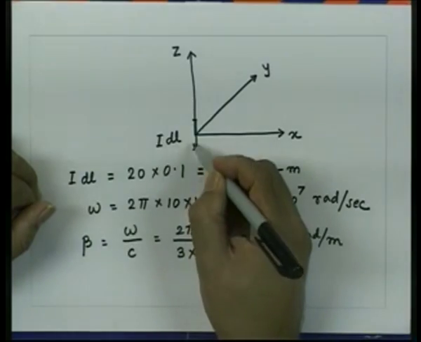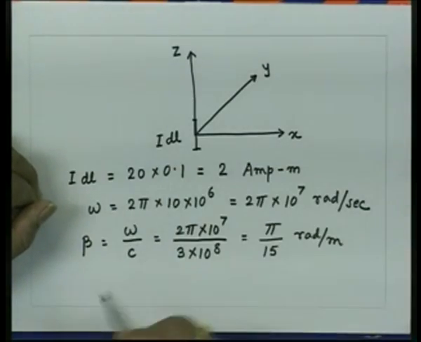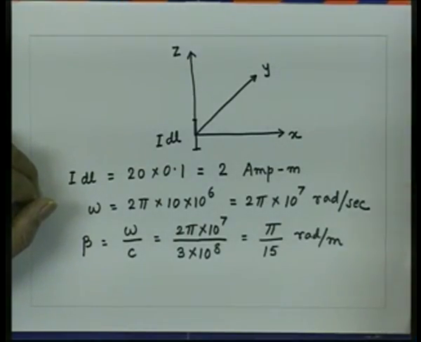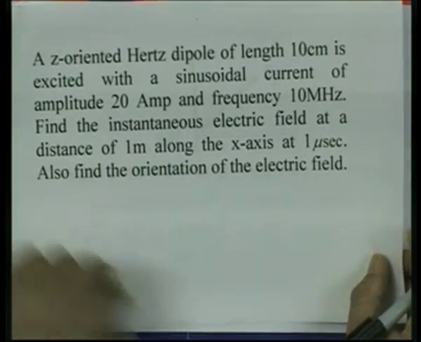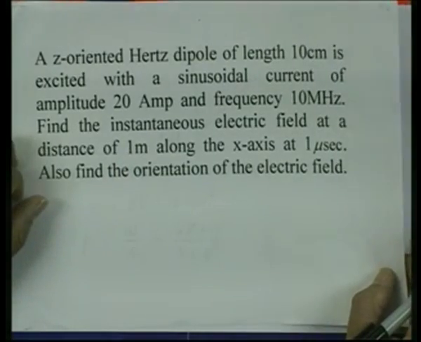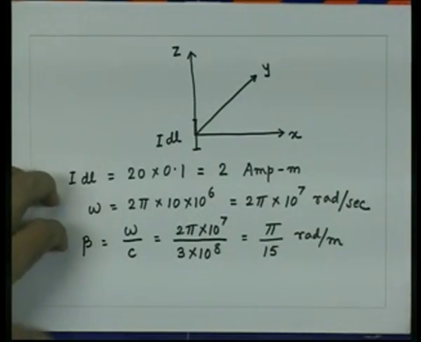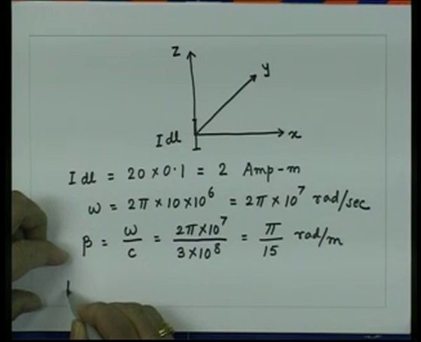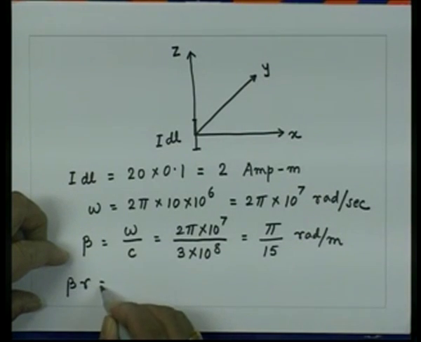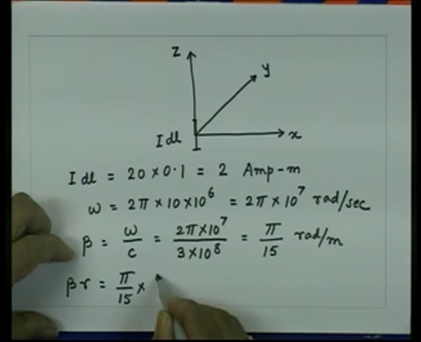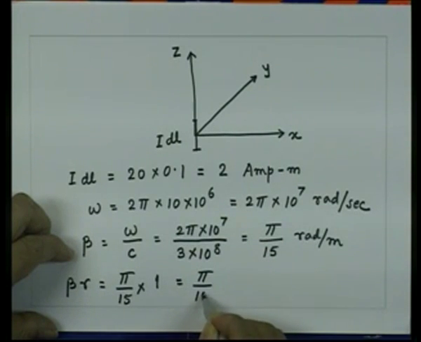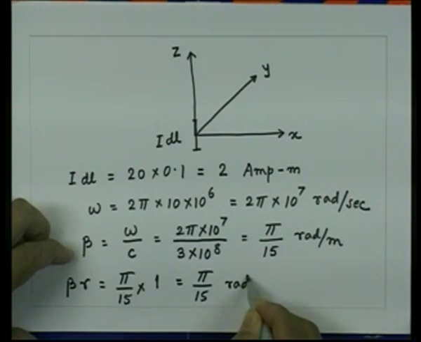So, we can take the current variation as cosine of omega t, and then we can calculate what will be the field after a time of 1 microsecond at a distance of 1 meter from the Hertz dipole. So, once you get beta, then we can get beta r, that is equal to pi upon 15 into r, which is 1 meter. So, that will be equal to pi upon 15 radians.